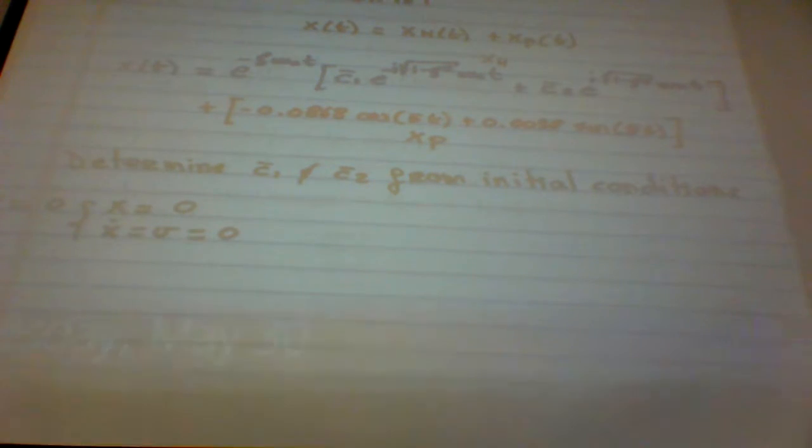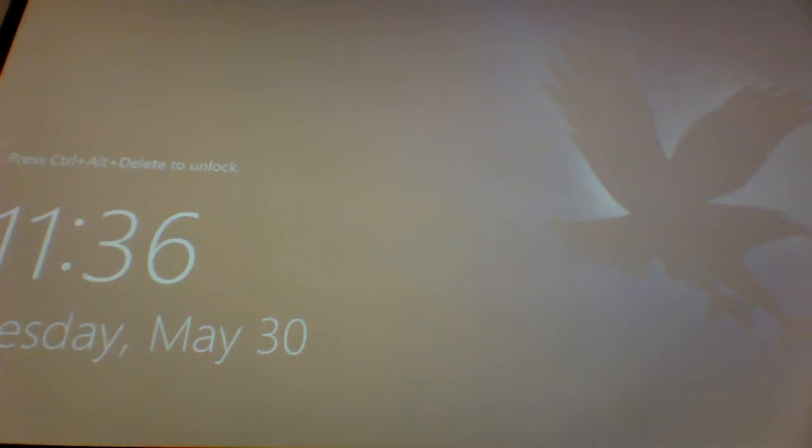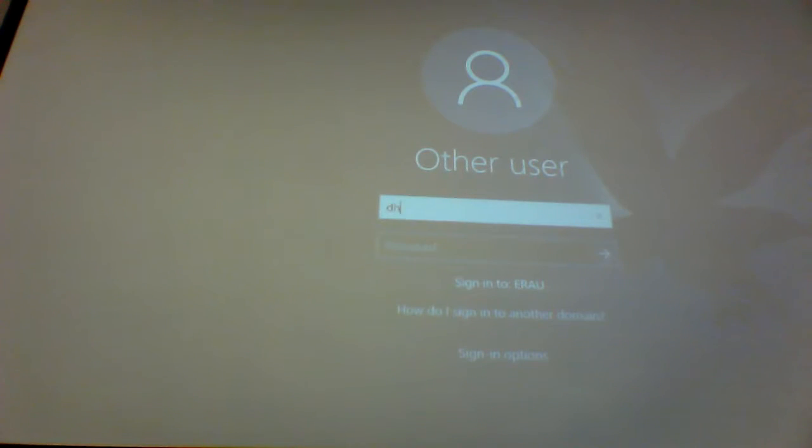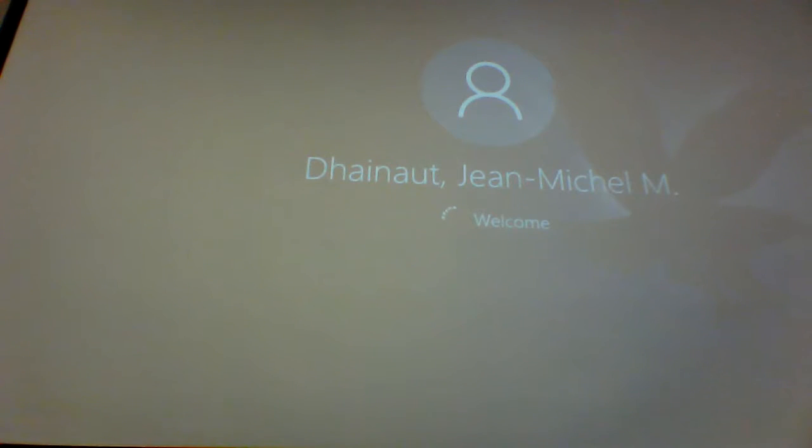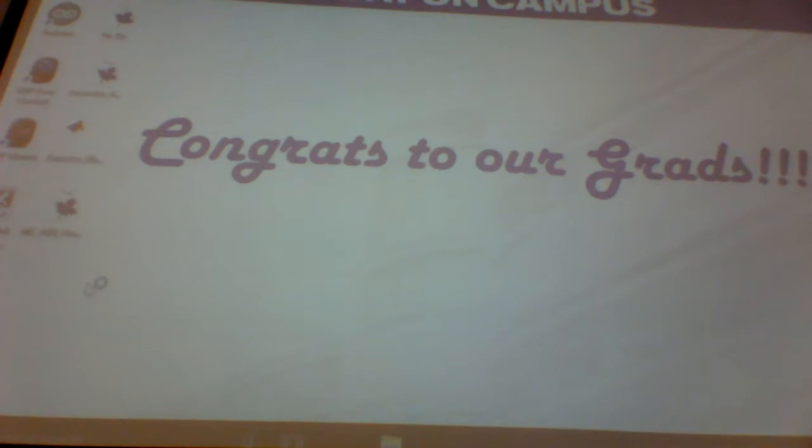So, computer, let's see if I log in. Okay, so the file is still here.